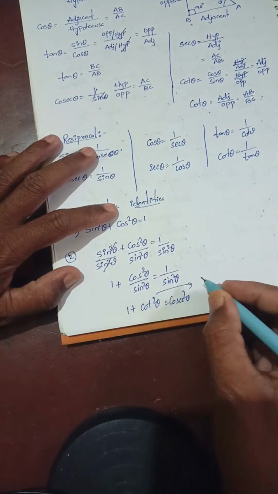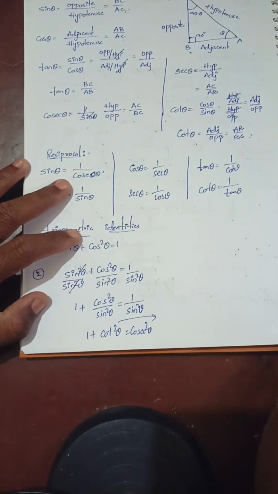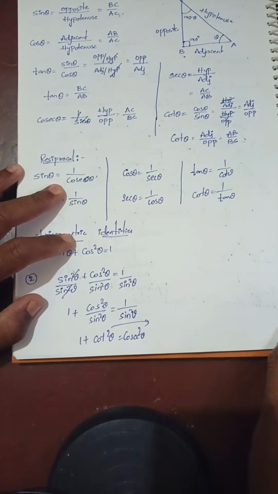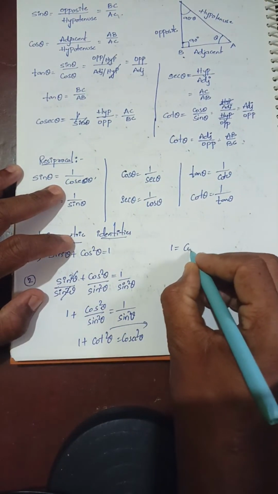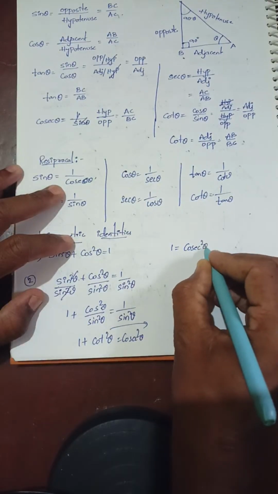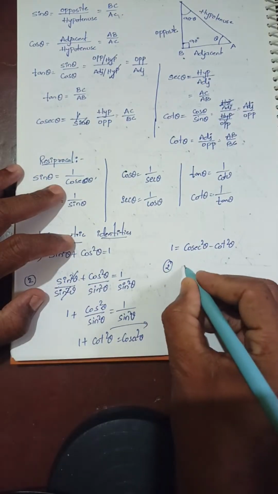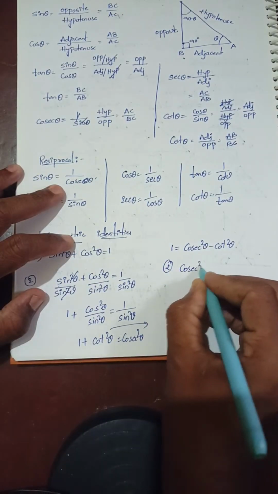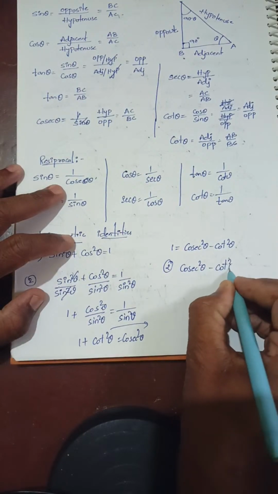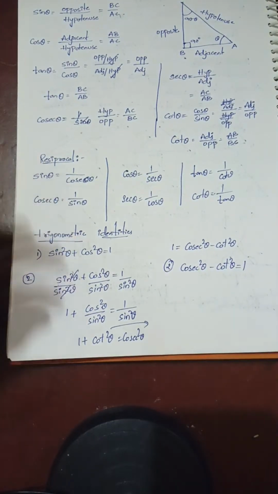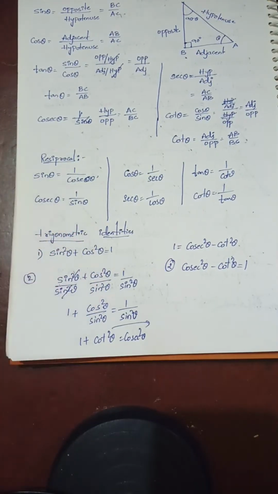Now take cot square theta to the right hand side. 1 is equal to cosecant square theta minus cot square theta. If you write the second identity in the proper way, cosec square theta minus cot square theta is equal to 1. Very simple. If you know the first identity, then we can do the remaining 2 identities.